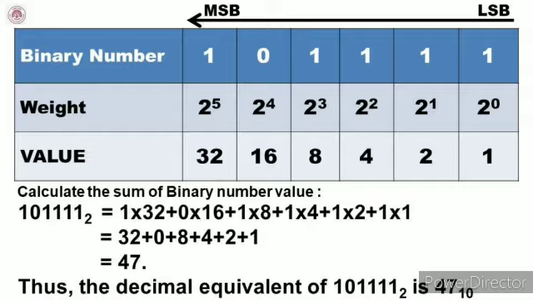So first weight will be 2 raised to 0. Second would be 2 raised to 1, 2 raised to 2, 2 raised to 3, 2 raised to 4 and 2 raised to 5. As I had taught you, you have to minus 1 from the number of digits. So we had 6 digits. We subtracted 1 from it. So what was left? 5. So we are calculating from 2 raised to 0 to 2 raised to 5.